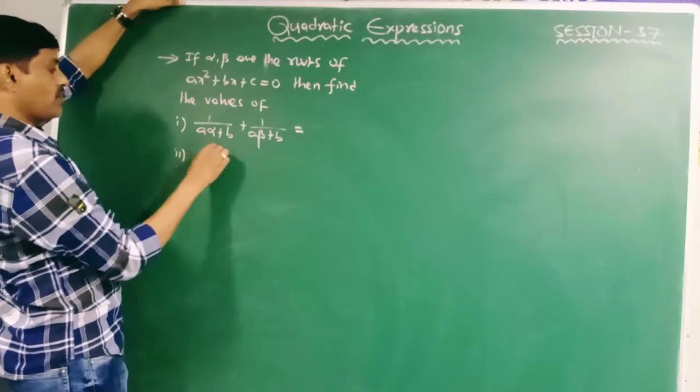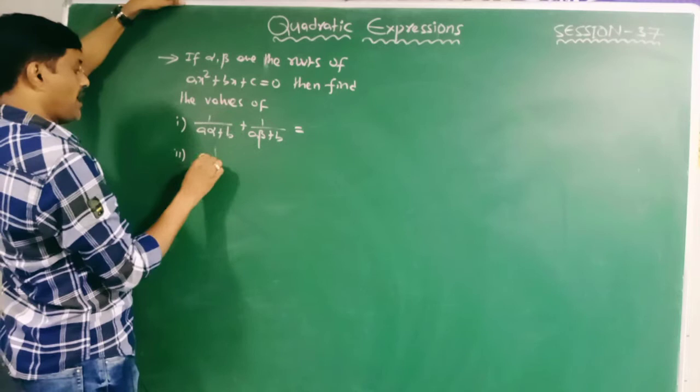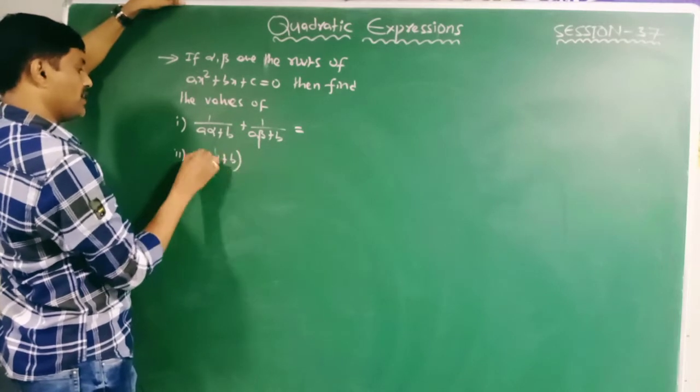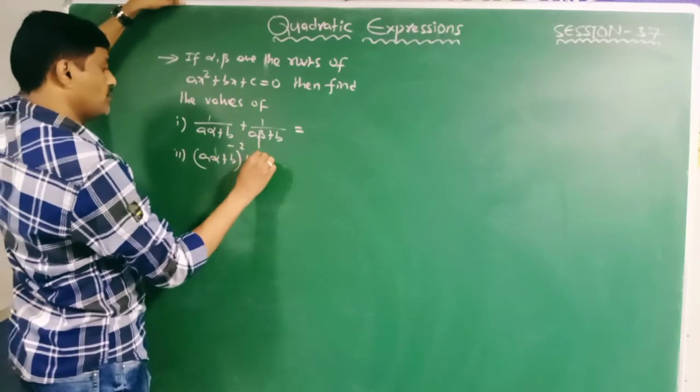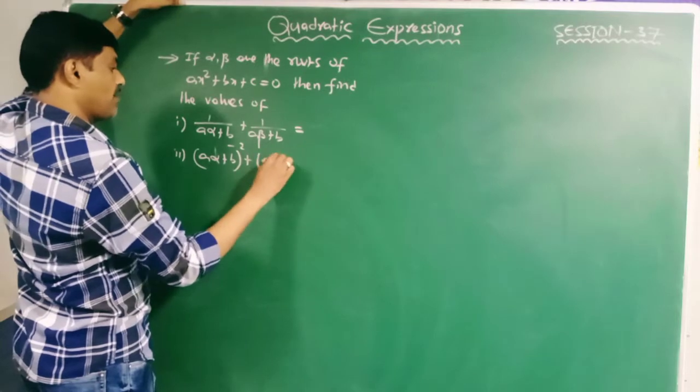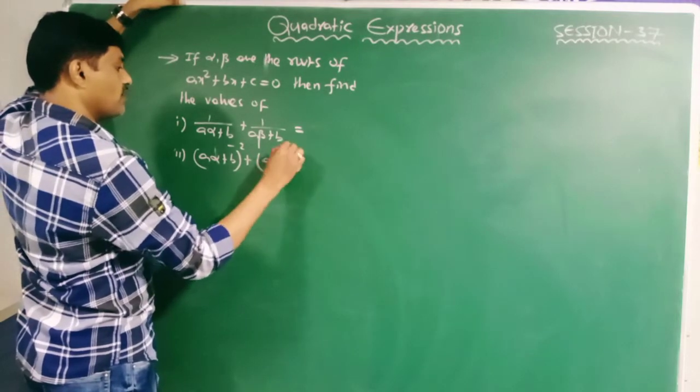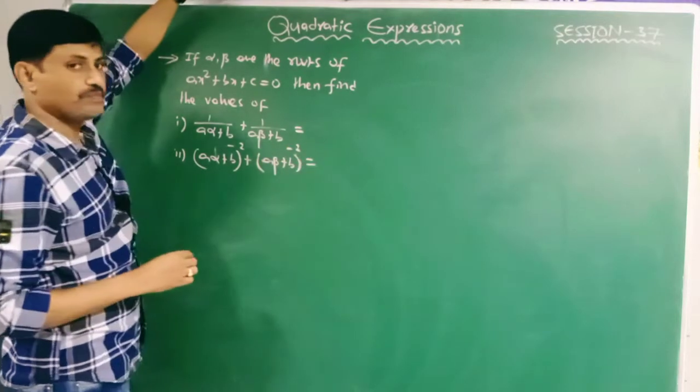Second one, (a alpha plus b) whole power minus 2 plus (a beta plus b) whole power minus 2.